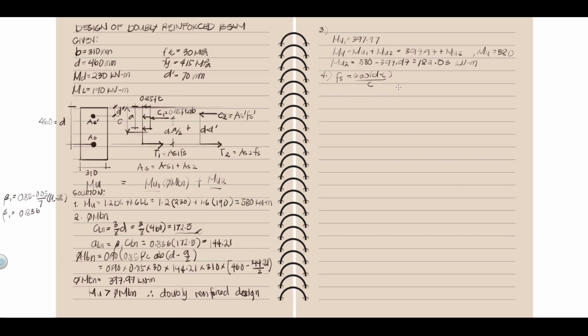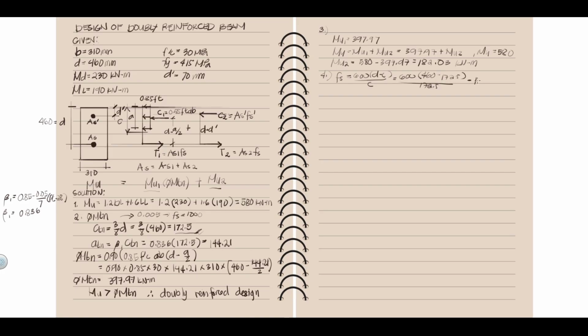So, yung CTN natin, as you recall, class, saan ulit nang galing yan? Dun sa strain na 0.05. Meaning, if we're going to convert that, ang Fs natin dyan is 1,000. Tama? So, dapat 1,000 ito. So, 600 times D, 460 minus C, 172.5 all over 172.5.